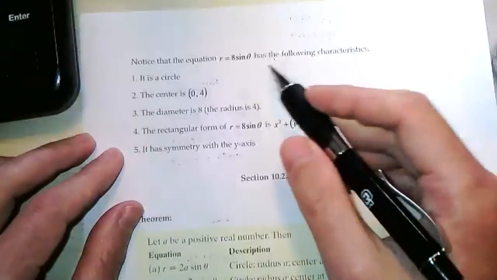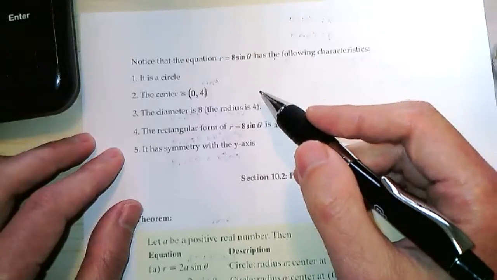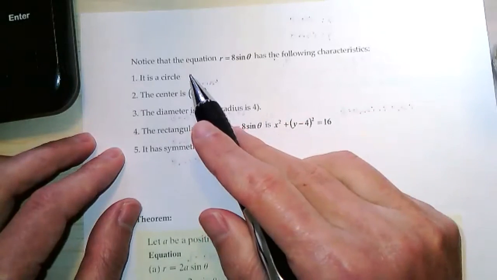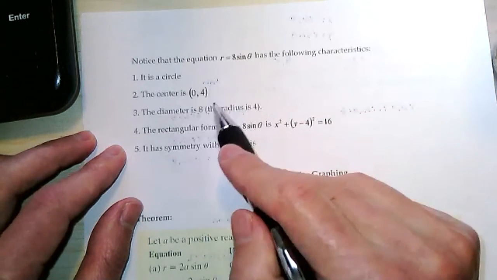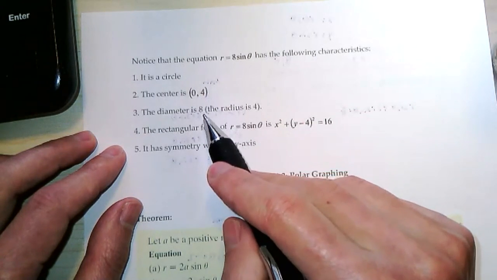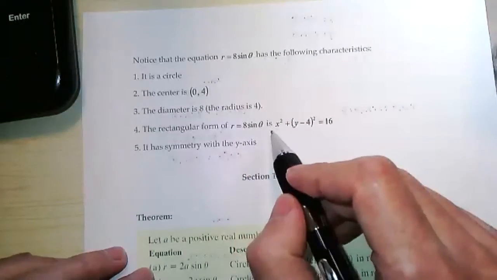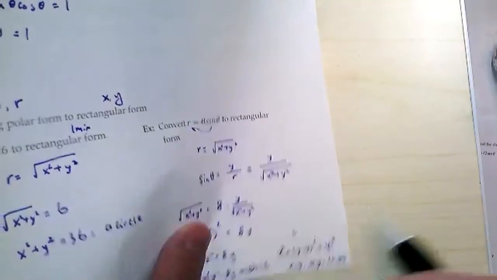Okay, so here I summarize what you have got in the previous question. It is a circle. We just showed that it is a circle, and the center is (0, 4). The diameter is 8. The radius is 4. Rectangular form, we just rewrote it already.